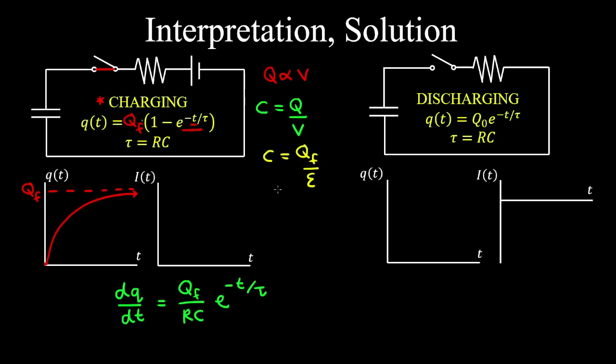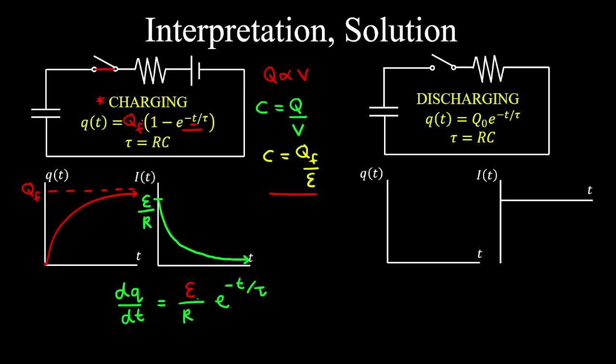And according to this expression, QF on the capacitance is equal to the electromotive force provided by the battery. So therefore at t equals 0, the current in the circuit, when the capacitor is behaving like a wire, is epsilon on R, and this decreases exponentially until it reaches 0.